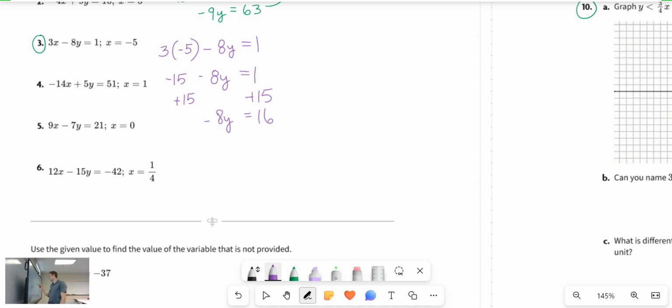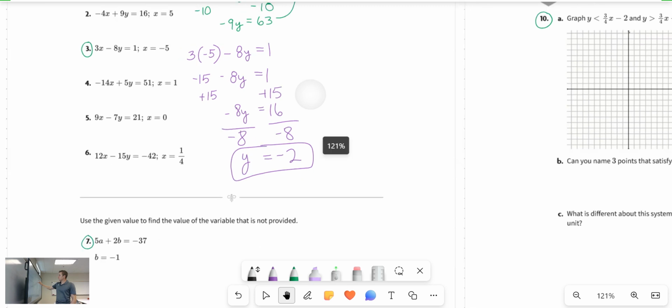And our final step is to divide by negative 8 so that we get y alone. Divide by negative 8 on both sides. We end up with just y on the left side, and that is equal to 16 divided by negative 8. There should be a negative, because we have a positive divided by a negative. So it should be negative, and 16 divided by 8 is 2. So we end up with y equals negative 2.